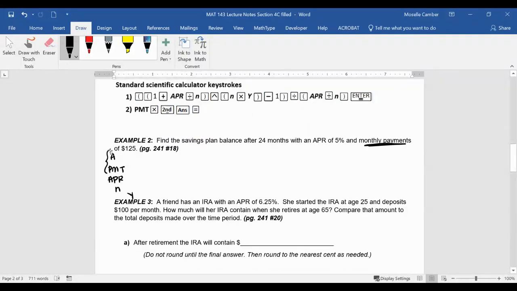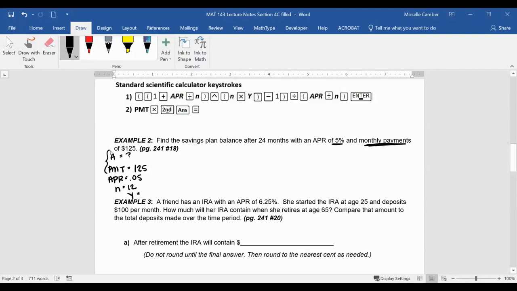In this case, they give you monthly payment. So you don't know your A, you know your monthly payment is $125. Because it is monthly, my N is going to be 12. My APR is 5%, so my APR is going to be 0.05.